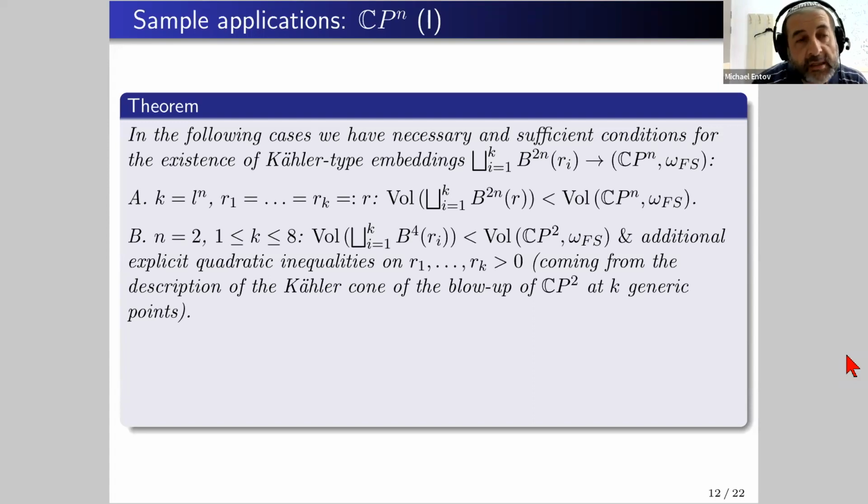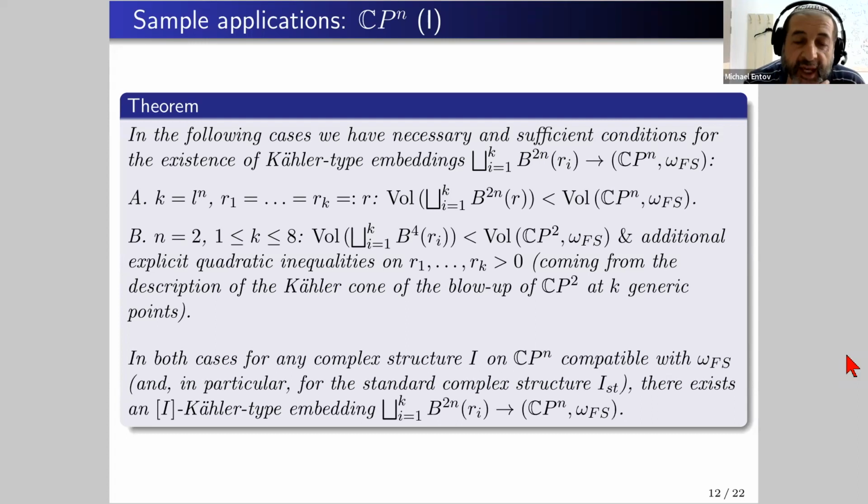In the second case, the equivalent conditions for the existence of Kähler-type embeddings are the volume condition plus additional explicit quadratic inequalities, coming from the description of the Kähler cone of the blowup of CP^2 at k generic points, k from 1 to 8. These are the conditions that already appear in McDuff and Polterovich's paper.